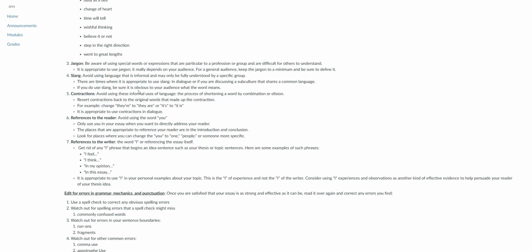So again, in general, try to avoid jargon, but if you do want to bring in some of that special language, just be sure that you're explaining it to your reader.